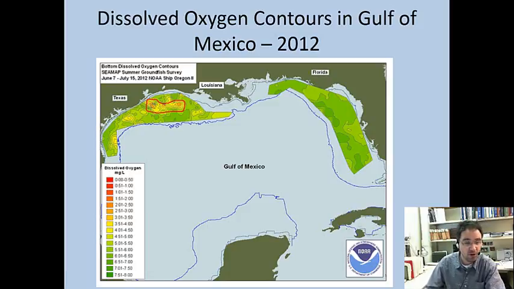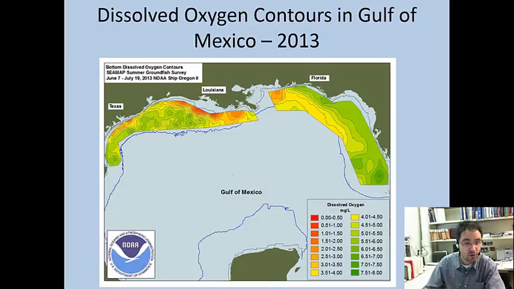Now, if we look at 2013, again, we see a larger size, at least in comparison to 2012. In 2013, we saw more loading down the river, more flux of nitrate and phosphorus because there was more water flow coming down the river. A wet year compared to a dry year. And so we see in this zone off the Louisiana coast a fairly large areal extent with the dissolved oxygen concentration less than 2 milligrams per liter.